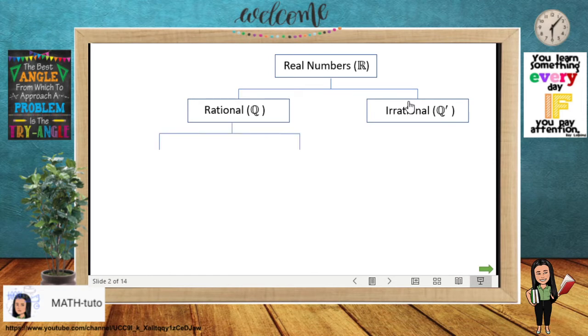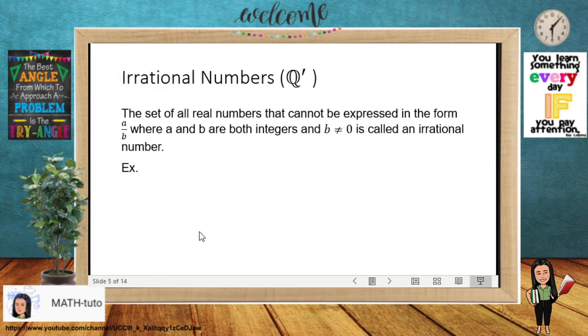Irrational numbers, rather, are of course all the numbers that cannot be expressed in the form A over B, where A and B are both integers and B is not equal to 0. Cannot be expressed. For example, we have square root of 2, square root of 5, pi, negative square root of 11.